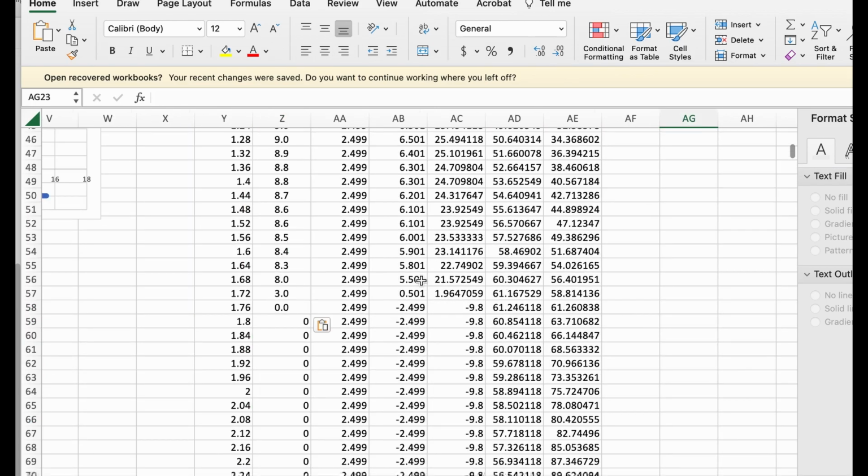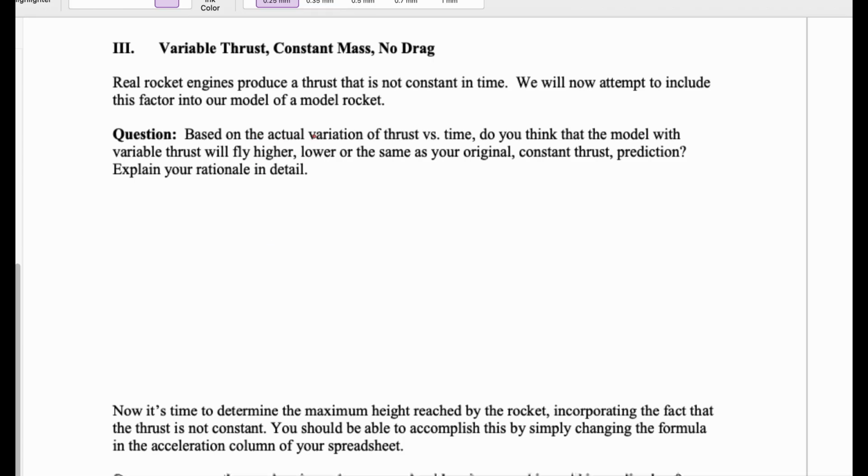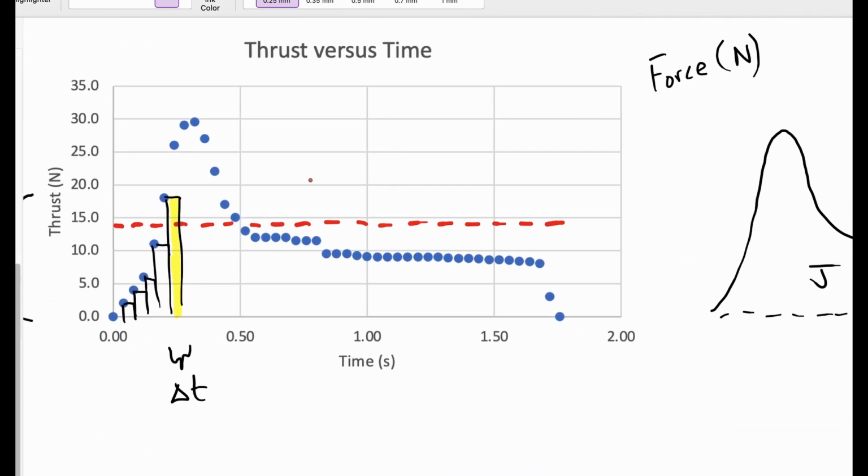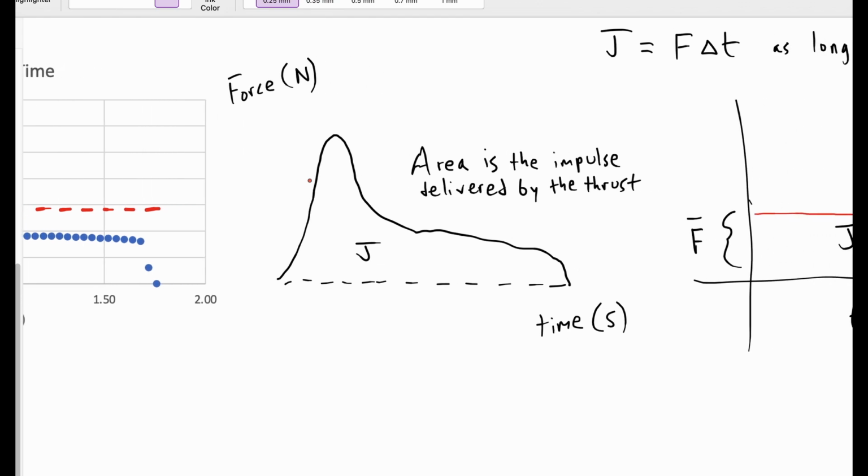Does this affect the peak? It says, based on the actual variation, do you think the model will fly higher, lower, or the same as your original? Way back at the start of all this, remember Newton?